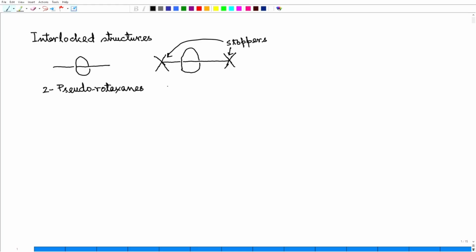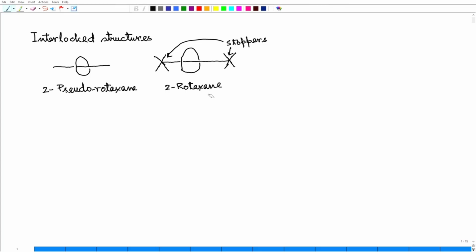This is 2 rotaxane. So, this is 2 pseudo rotaxane and this is 2 rotaxane. Here there is no pseudo business; here it is a rotaxane.